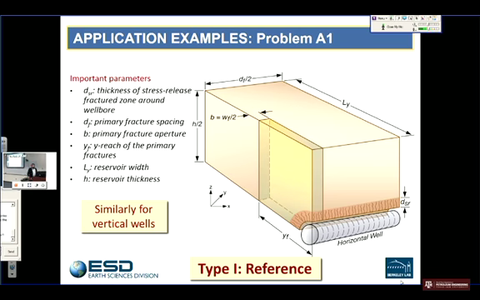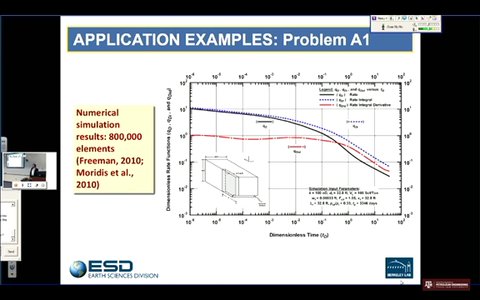So, problem class 1, problem A1. What you see is we have the horizontal well, we have the stress release fractures over here, the hydraulic fracture, and the rest of the system is like that. Similarly for vertical wells, and you saw that. In this case, it's a 3D system, with millimeter or sub-millimeter level of discretization near the fracture and the wellbore.